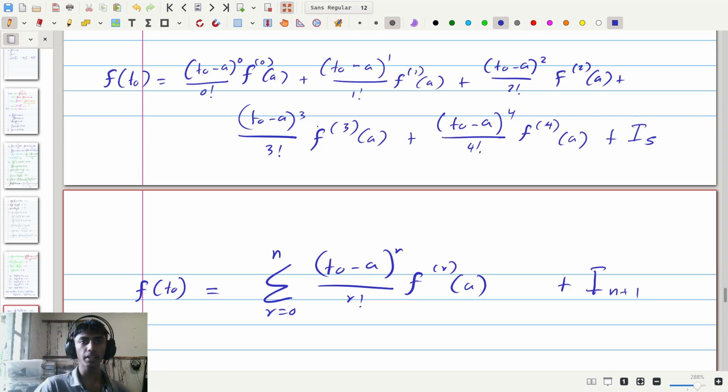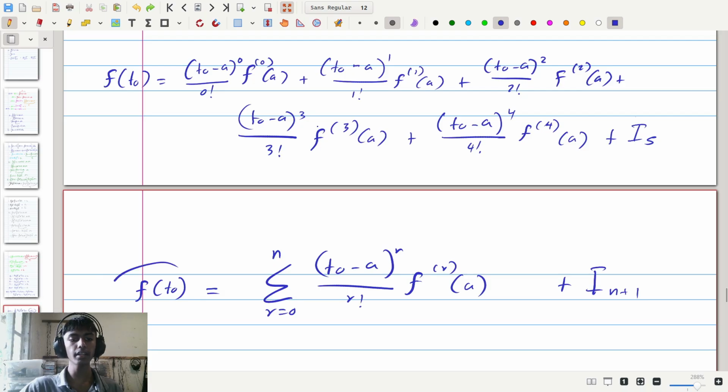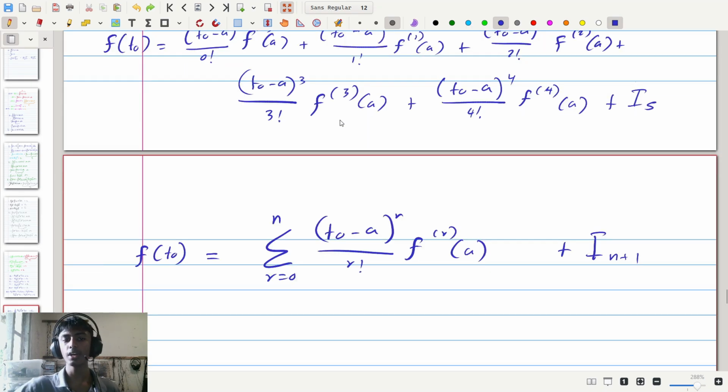What we are claiming by the Taylor series is that if this thing approaches 0 as n approaches infinity, then f evaluated at t0 is going to be exactly equal to this sum approaching infinity, which of course is true. If we take the limit of both sides as n approaches infinity, this side is going to be the exact same.